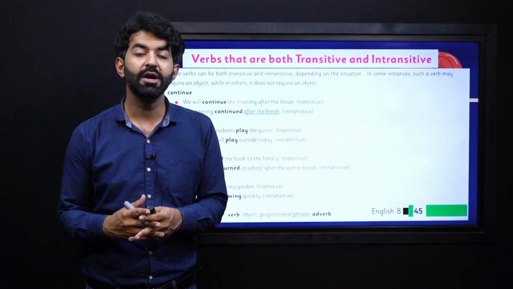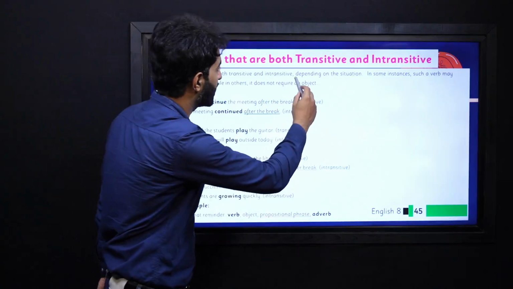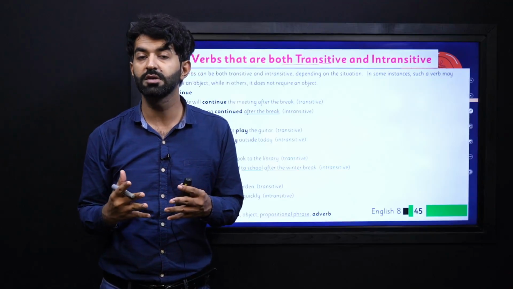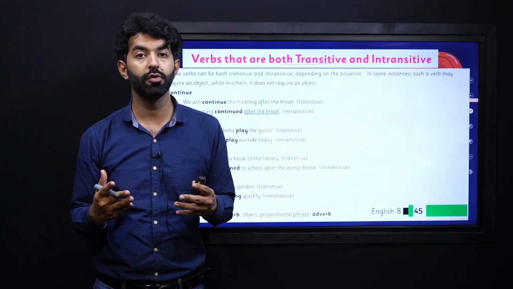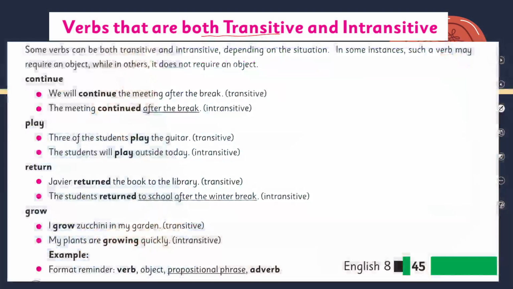Now, let's look at some verbs that are transitive and intransitive both, which means that there are some words that are verbs, but they can be used in both the sense of transitive and intransitive verbs. So, some verbs can be both transitive and intransitive depending on the situation.